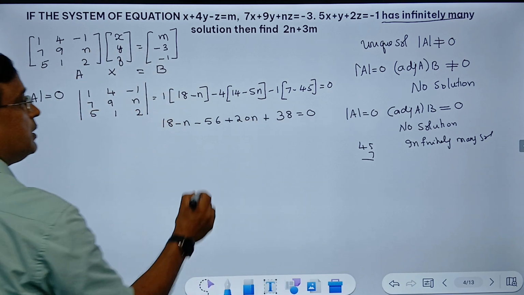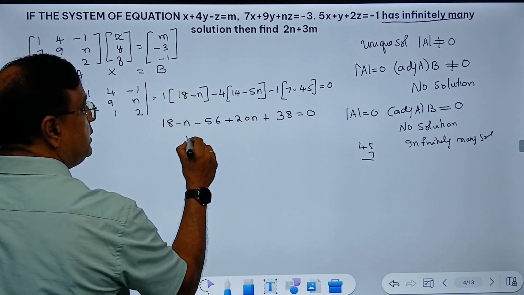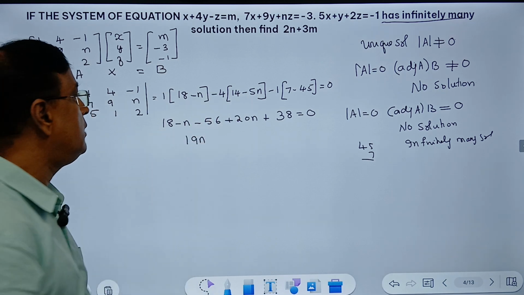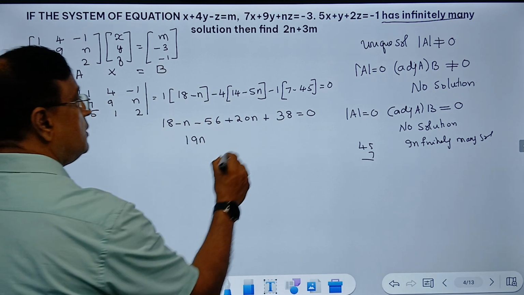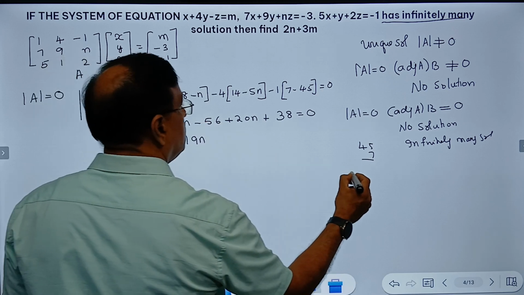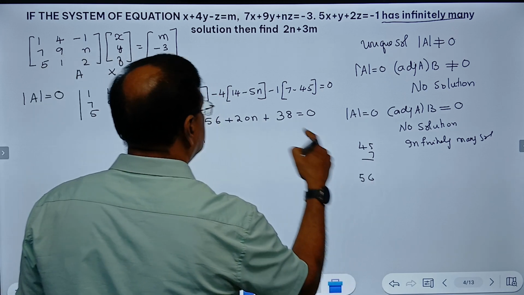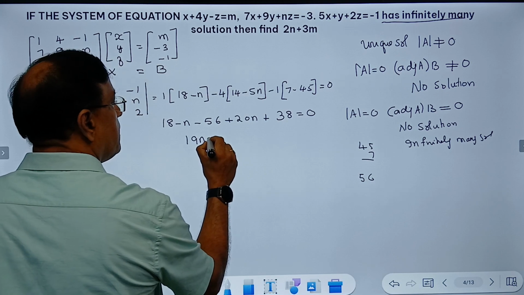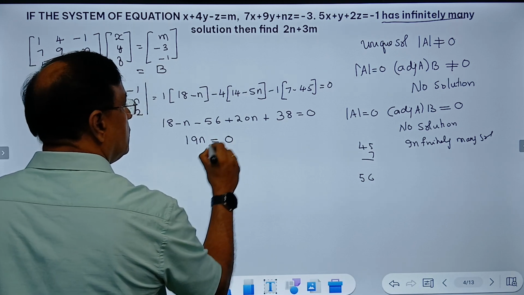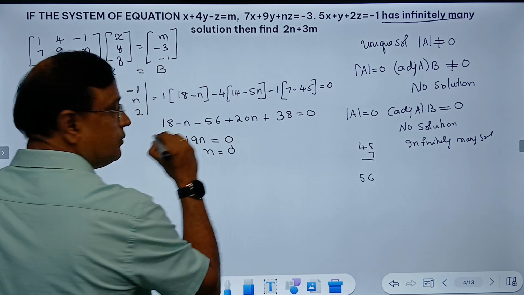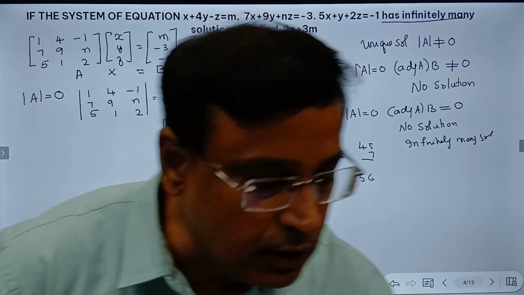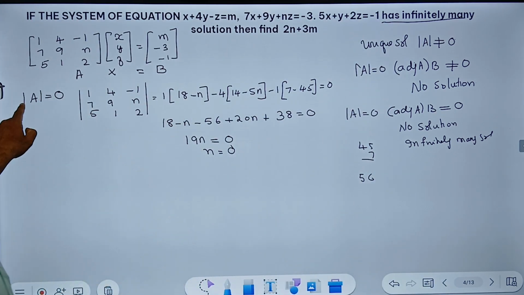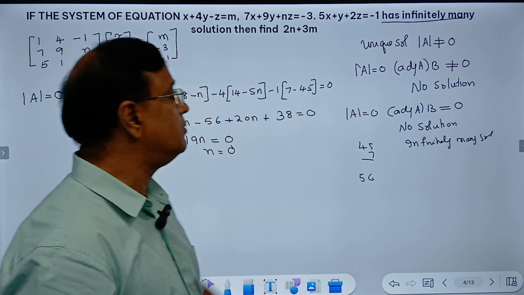So from this it's very clear that you have 19n, and this is 56, it was 56 and this is minus 56, so equal to 0. So obviously I got n equal to 0. Directly we got n as 0, because I used the fact that determinant A is 0.